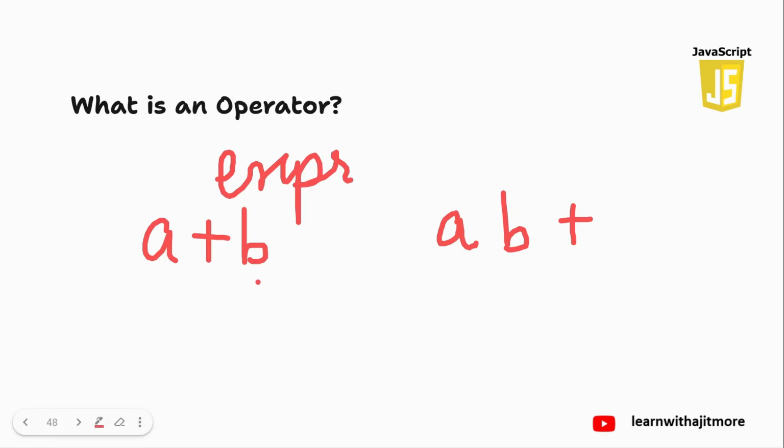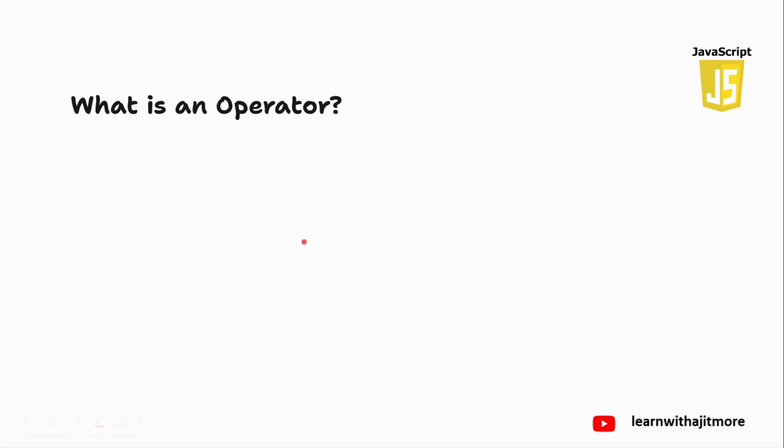This is following a grammar, that is, syntax is followed. So expressions are sequences of operands and operators following some syntax or grammar, and they are evaluated and you get a result. Always expressions are evaluated and you get a result for it.